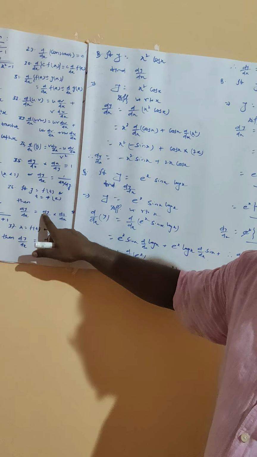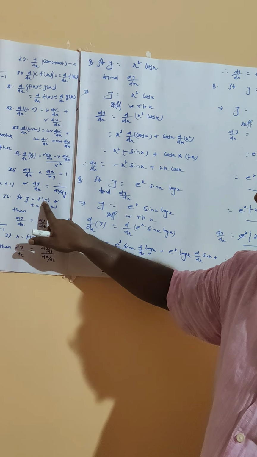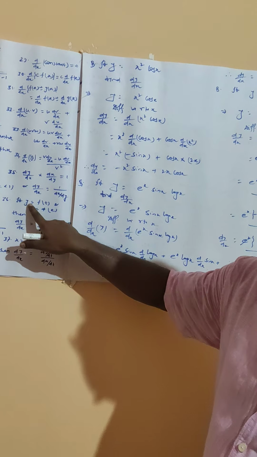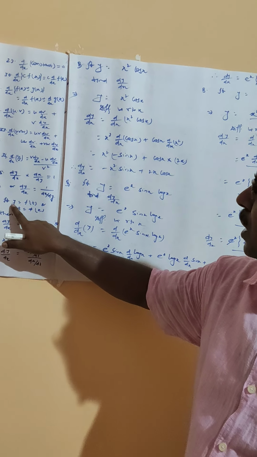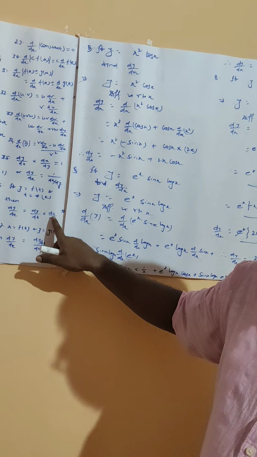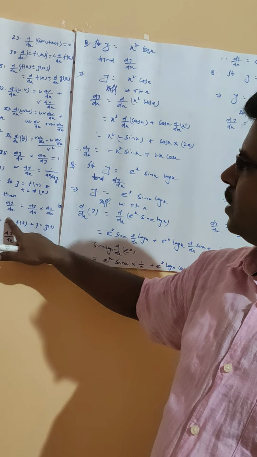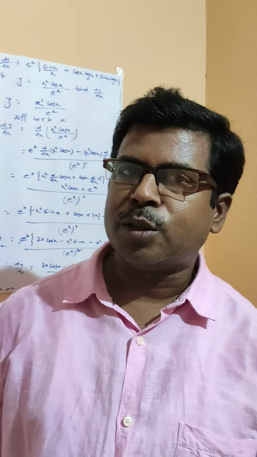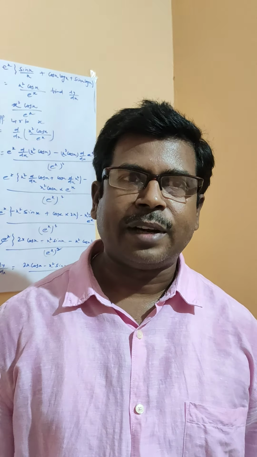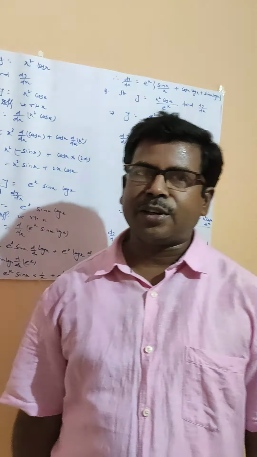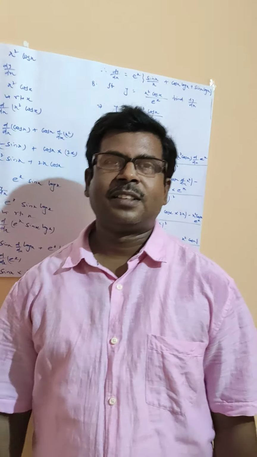If we have to find dy by dx, then at first we have to differentiate y with respect to t and t with respect to x. Then we get the final result dy by dx. So this is the form of function of function, or we can also say chain rule. Now in the next class we will discuss function of function and parametric form. Okay, thank you.